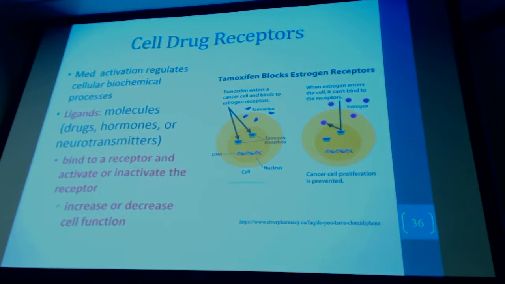We're going to give tamoxifen that blocks those receptors so that estrogen has no effect on cancer cell growth. Does that make sense? Okay. So that's an example of what we do with receptors. Here we're blocking it. Many of the chemicals that we give actually activate that cell to do something else.